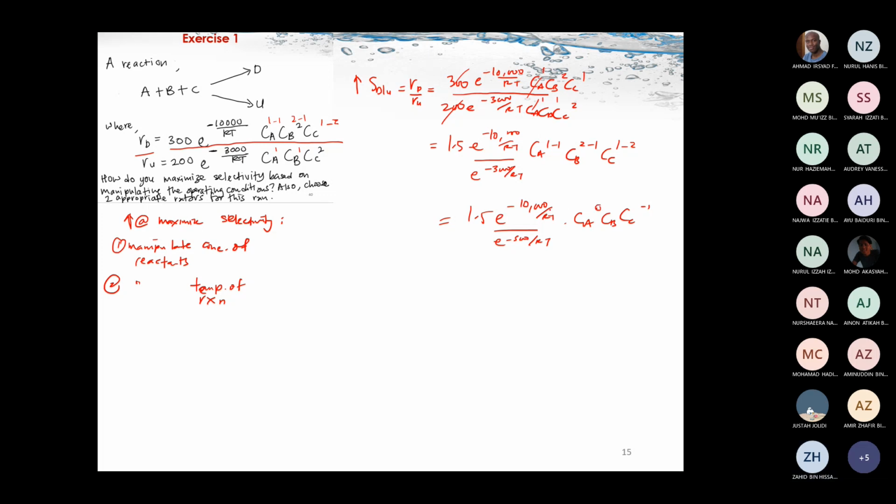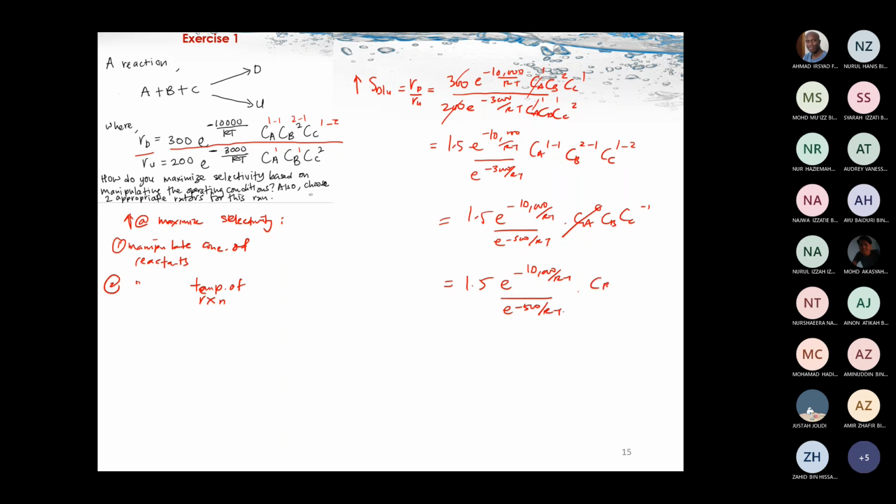Alright. So daripada situ kita simplifikan dia. CA0 is equal to 1, so tinggal CB over CC sebab dia minus 1. So daripada sini kita boleh simplifikan 1.5 e to the power of 10,000 over RT over e to the power of 3,000 over RT.